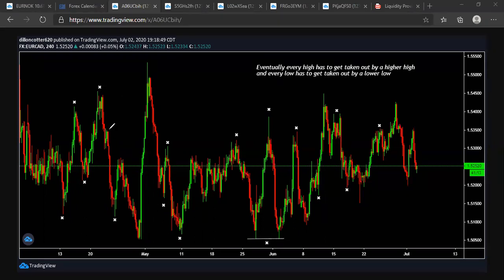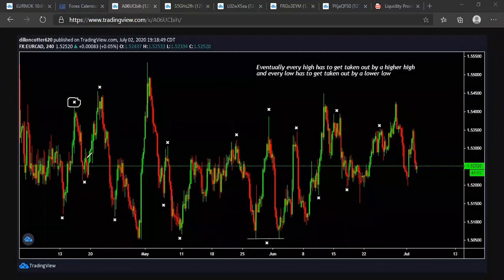What I mean by that is, above every high is buy stops, and below every low are sell stops. Or above every high also will be sell position stop losses, and below every low also will be buy position stop losses.